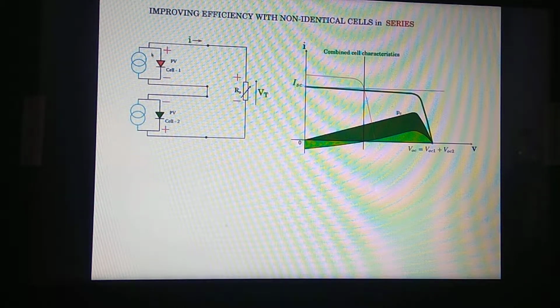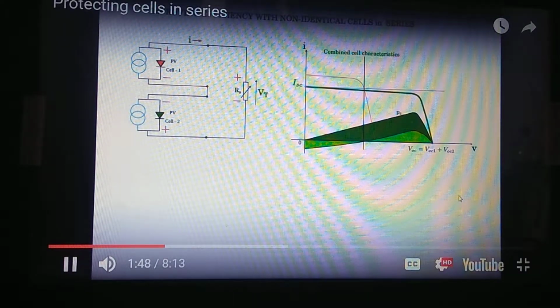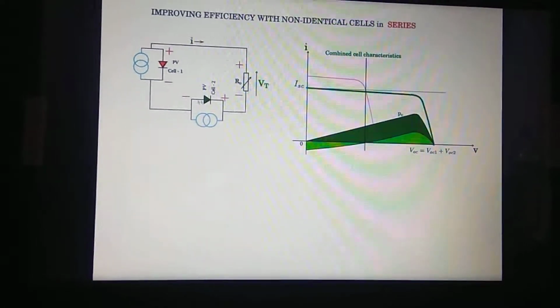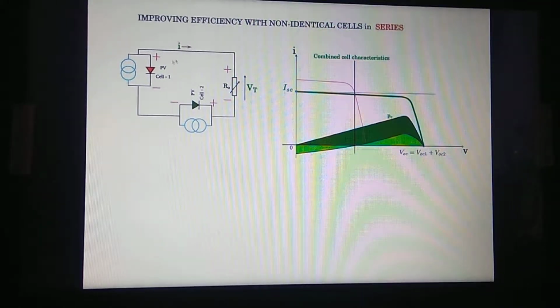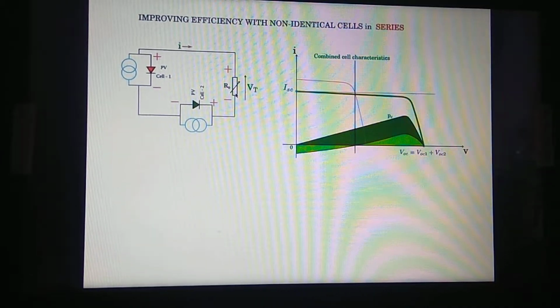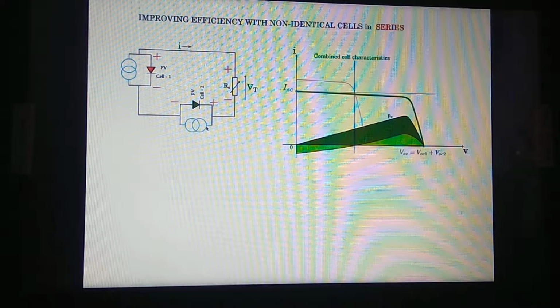Now we can slightly modify this circuit so that it is much more convenient to read in this fashion. It is still the same circuit. This PV cell 1 is a source, and you have a load R0 with plus minus as shown here. You have another PV cell 2 acting like an additional load, with plus minus in the same direction of the load as shown here.